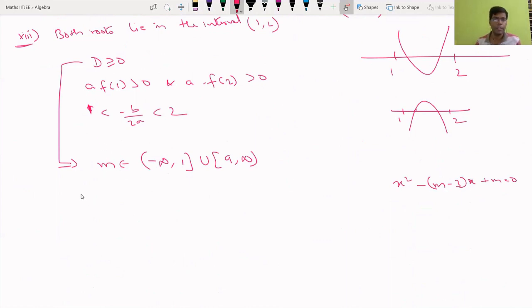So a is 1. So f of 1 is greater than 0 implies 1 minus m plus 3 plus m is greater than 0. We are getting 4 is greater than 0, which is never true. So this won't happen anytime.